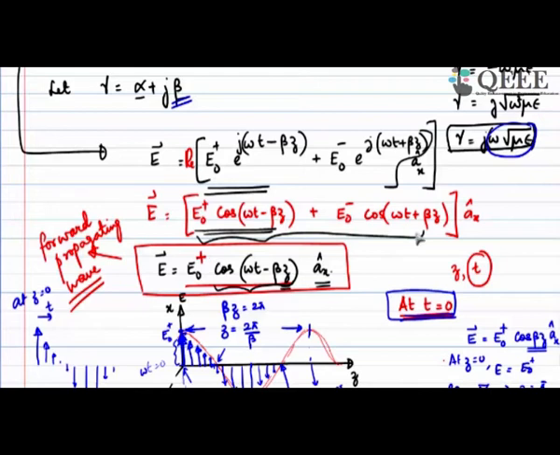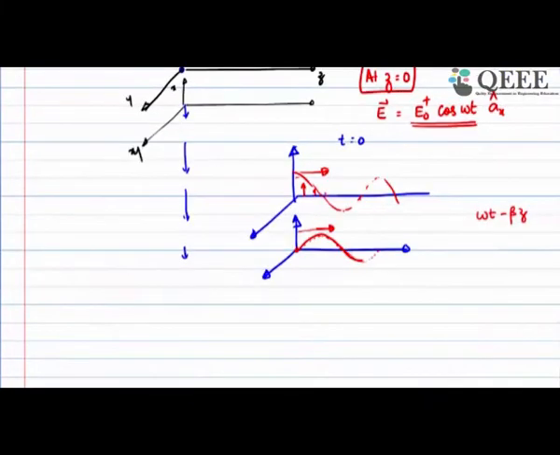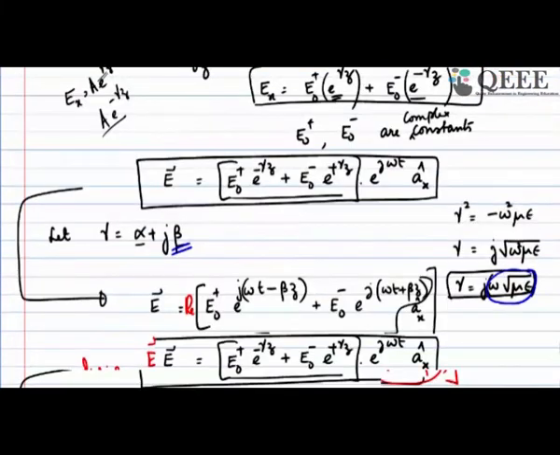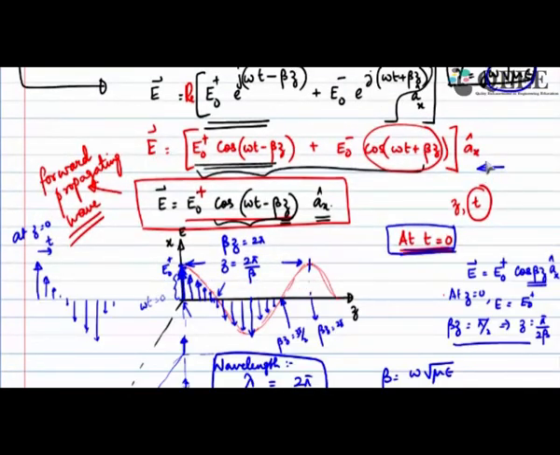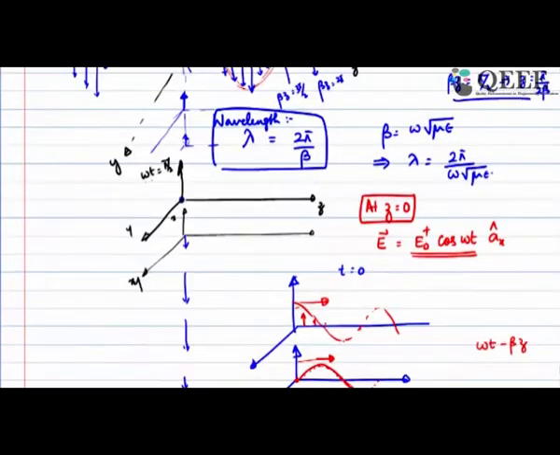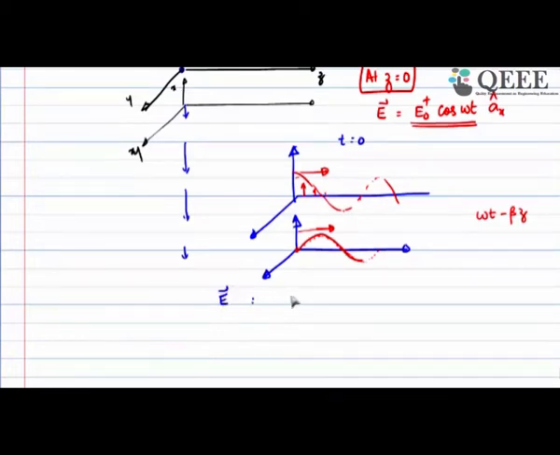Now if you do the analysis the same way for the other term, it will appear as if this wave is moving in the negative direction. So in general, my E field is the sum of a forward propagating wave and a reverse propagating wave, or wave propagating in the negative z direction. This is where the concept of wave comes from, because as and when there is a time variation, there is a corresponding space variation.